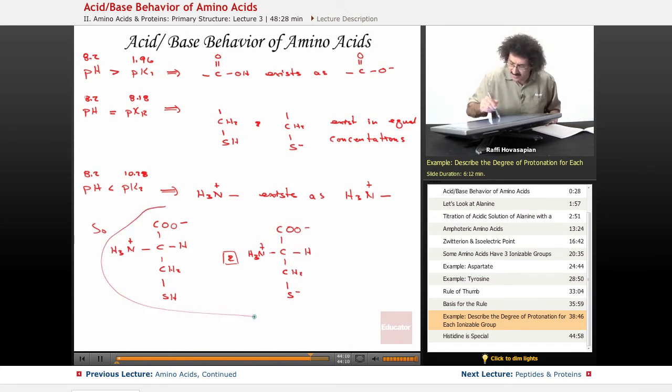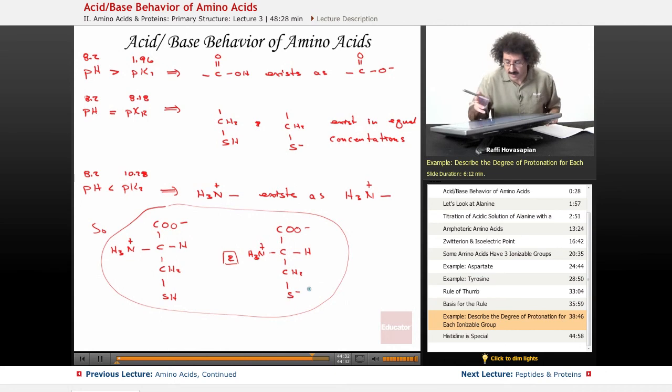The amino acid actually exists as an equal concentration of this thing and this thing. Okay? This group is completely ionized. This group, the amino group, is not ionized. The SH group, half of it is ionized, half of it is not.